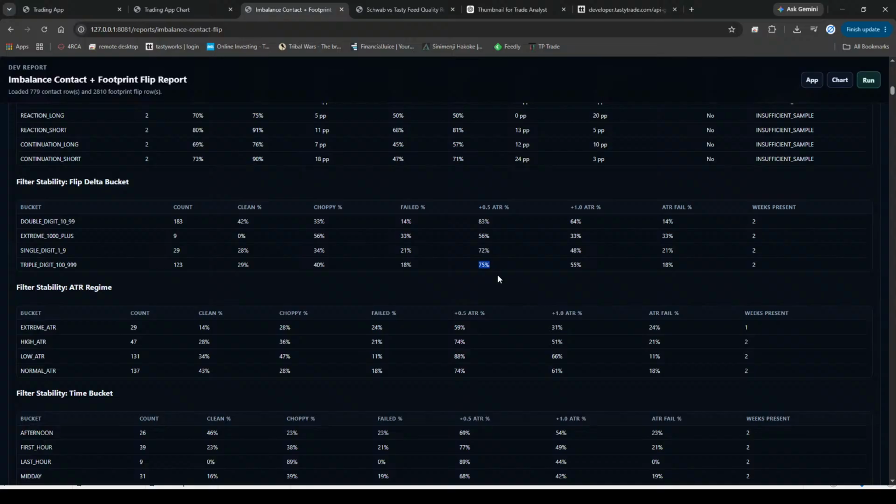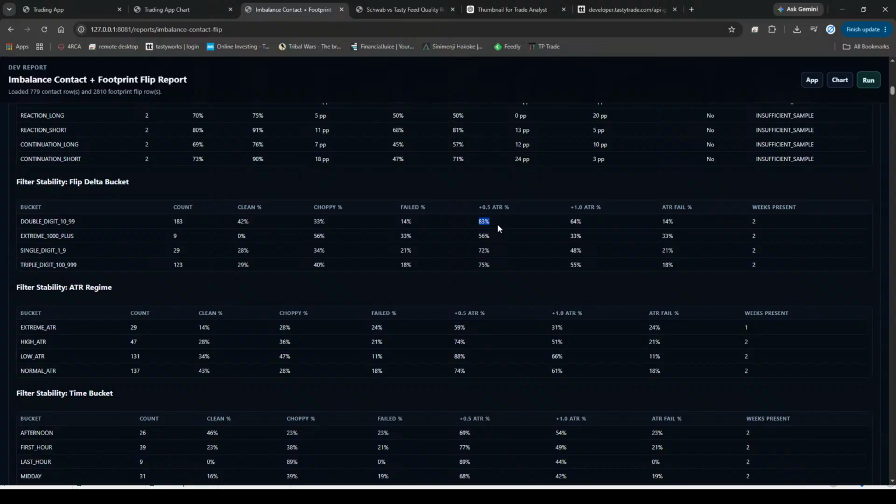Well, what's happening is that the reaction is not bigger, and it may have been just a very, very short imbalance time before you actually hit continuation. And so I really didn't hit ATR, my target range. I hit it less often than we were thinking, compared with the double digit.